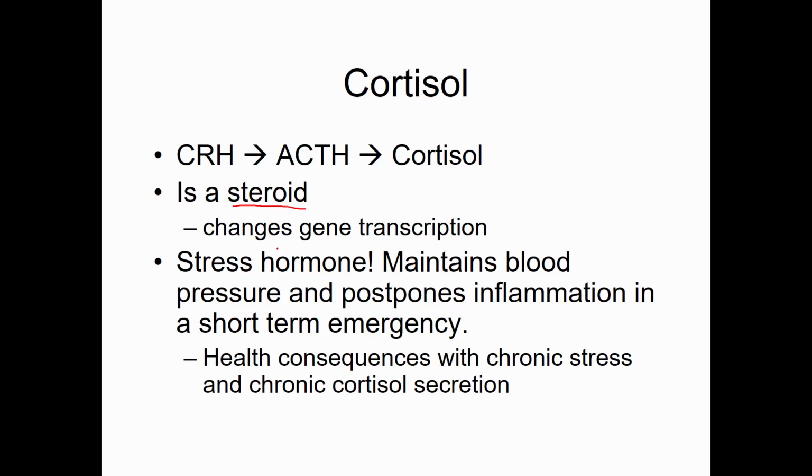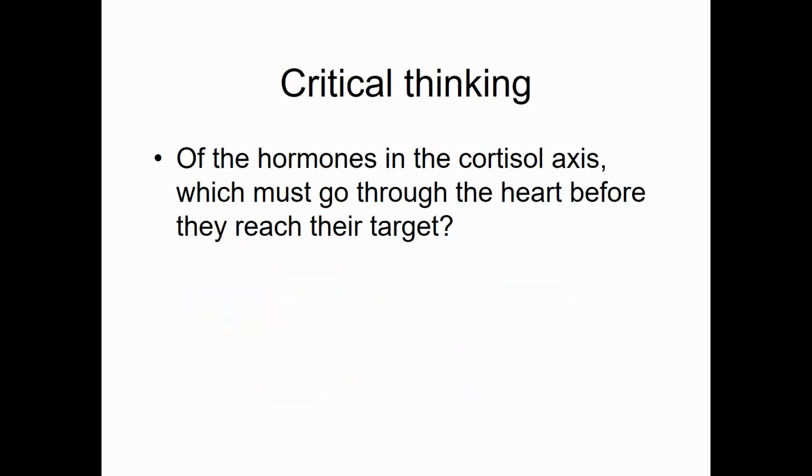Now, it's a problem if you're constantly stressed. If you're constantly stressed, then you're constantly increasing your blood pressure, you're constantly messing with your inflammation, your immune system is kind of messed up. There are problems with chronic stress. It's fabulous for a short-term stress, but chronic stress, continued cortisol production, is a problem.